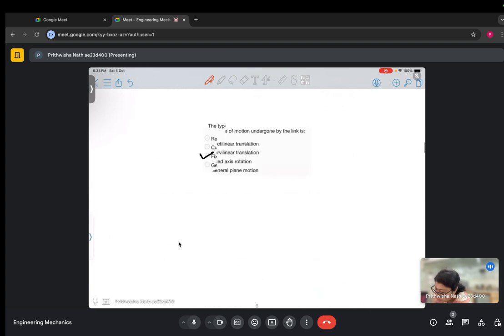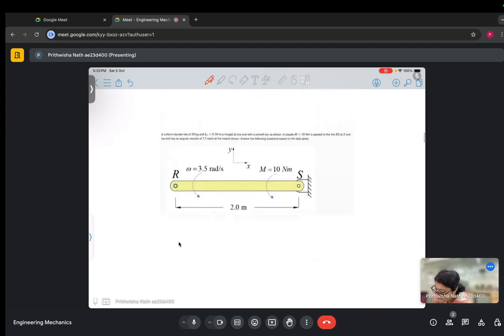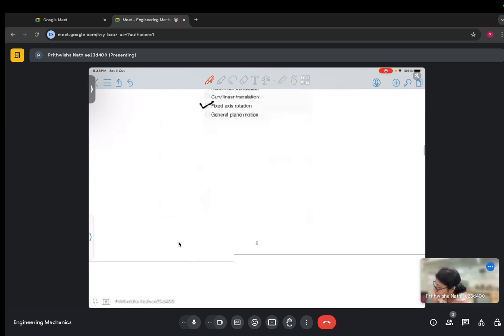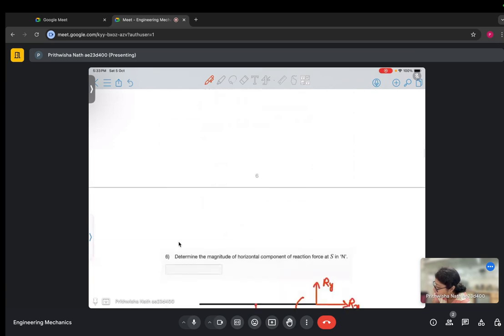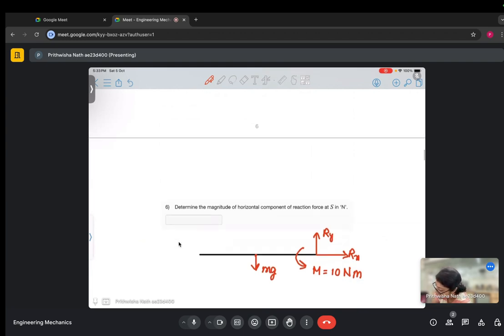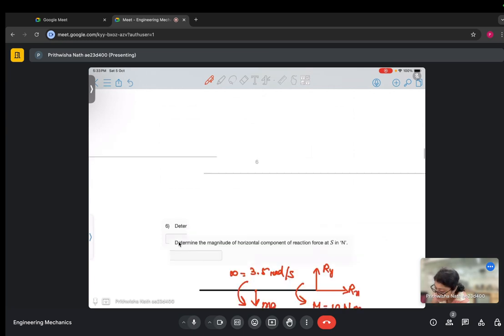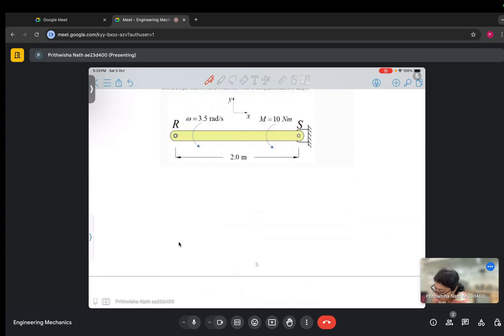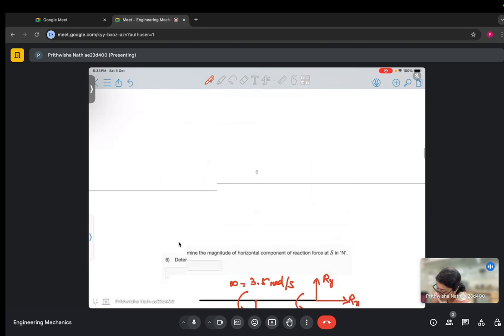So the couple is 10 Newton meter, and angular velocity omega is 3.5 radian per second, and the total length is 2 meters.